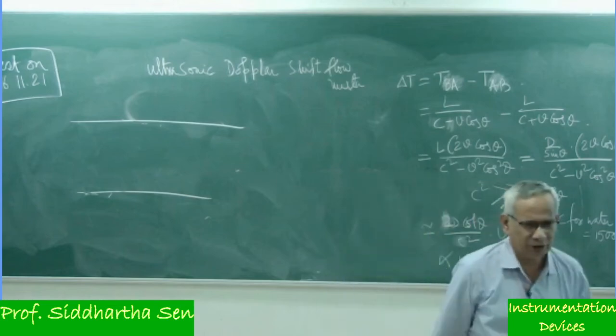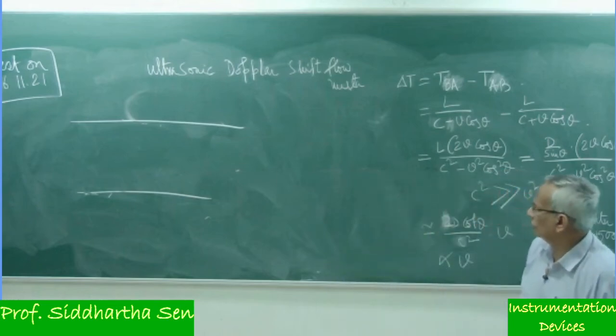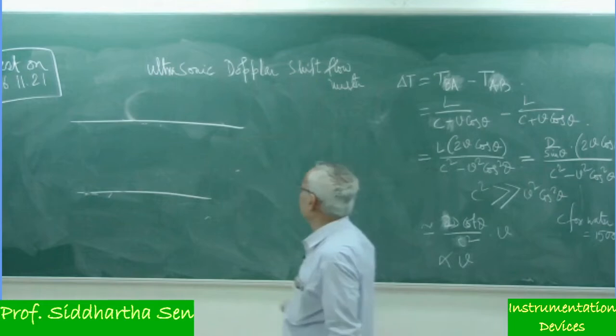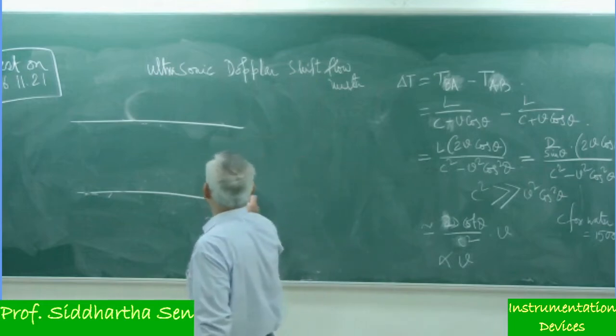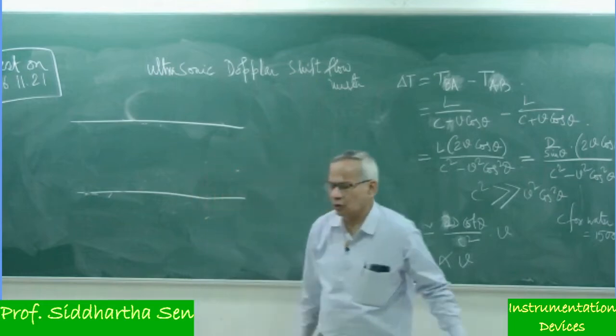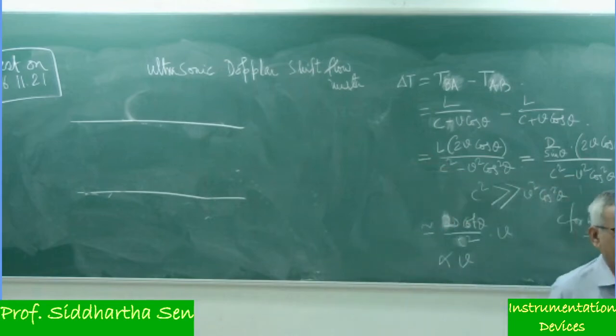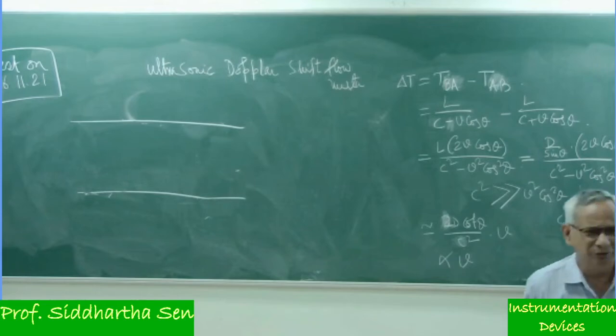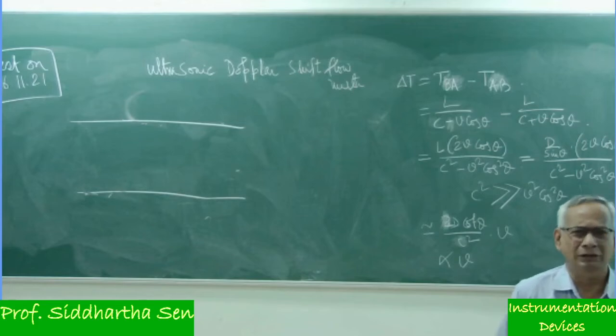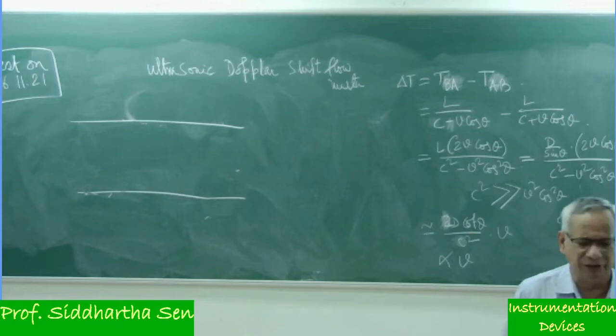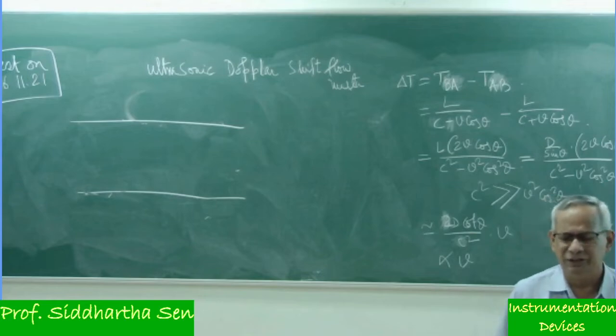So this Doppler shift flow meter is another type of flow meter where we can measure from a distance using some non-intrusive technique. But you must know the principle of measurement using the Doppler shift, because we know how other stars are moving away from us; we can find out by measuring the Doppler shift.